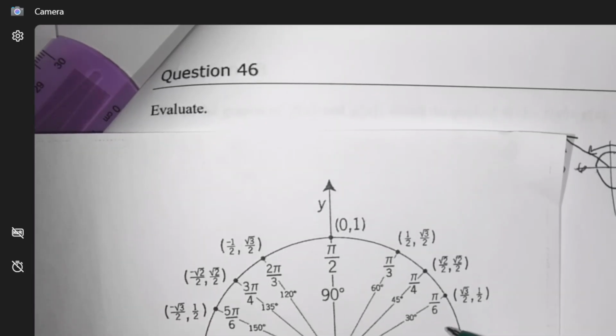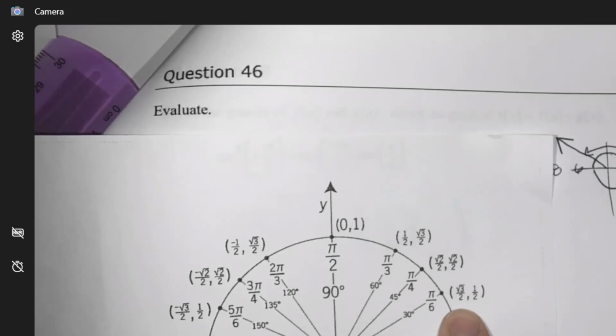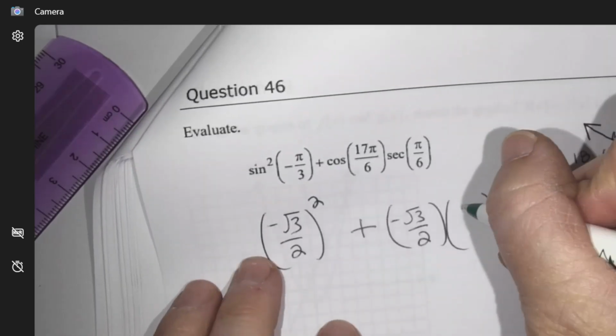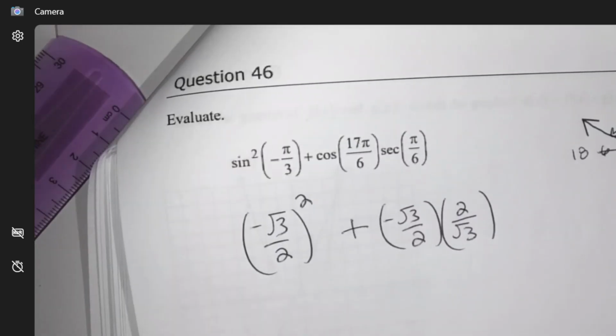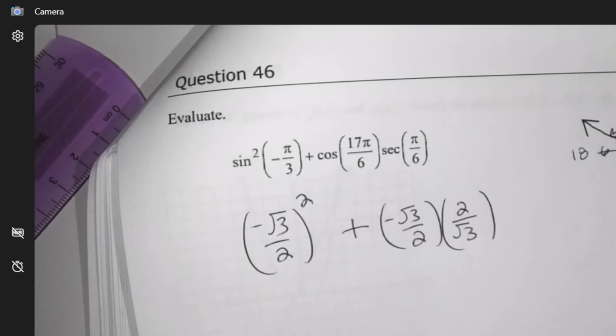And secant is a flip. What is secant a flip of? Cos. Cos is the x value. So this, but I take it flipped. So 2 over root 3. Okay, so those are all the trig values.